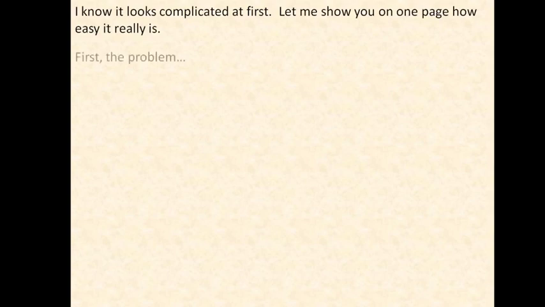For that I'm going to take two linear equations. These are two different linear equations: 3x plus 5y is 11, 6x minus 2y is 10. We're going to solve these two linear equations by using Cramer's rule.